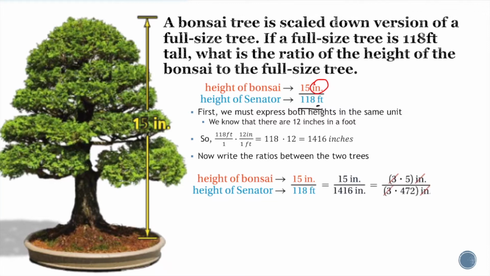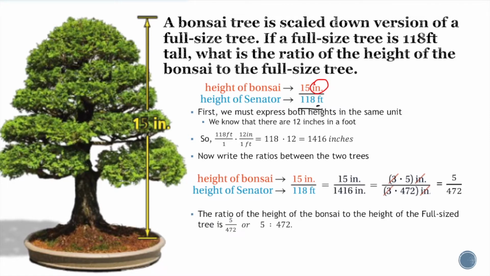If we simplify that, we can break up the 15 into 3 and 5, and 1,416 into 3 and 472, and have a reduced proportion of 5 over 472, which gives us a ratio of the height of the bonsai to the full-size tree, which is 5 over 472, or 5 to 472.